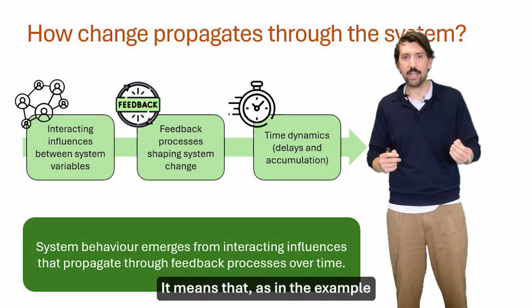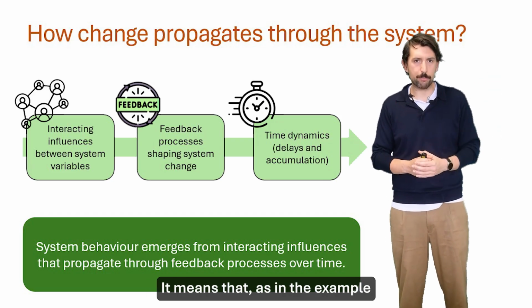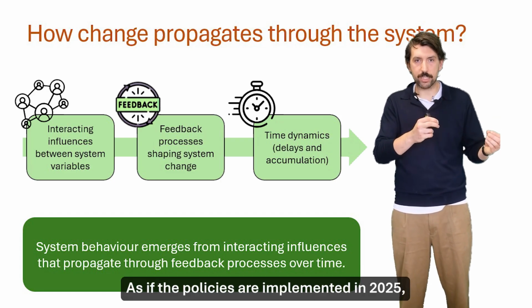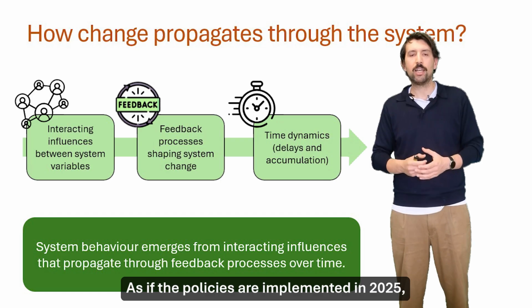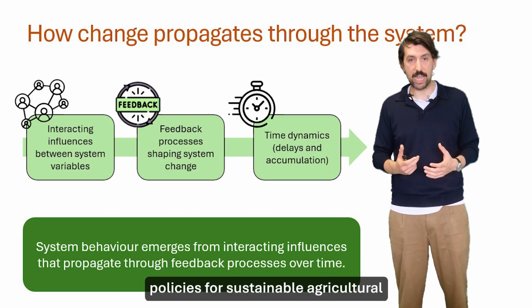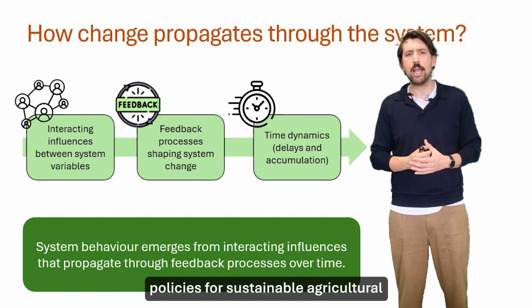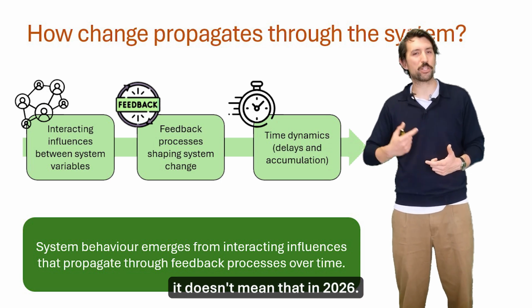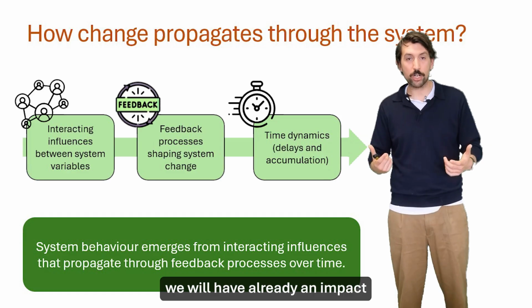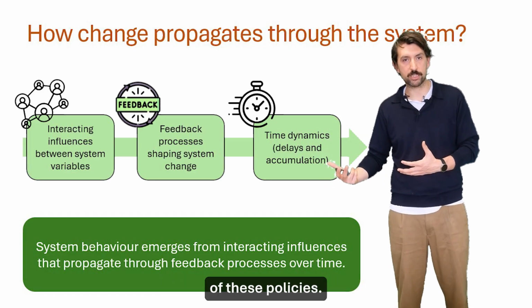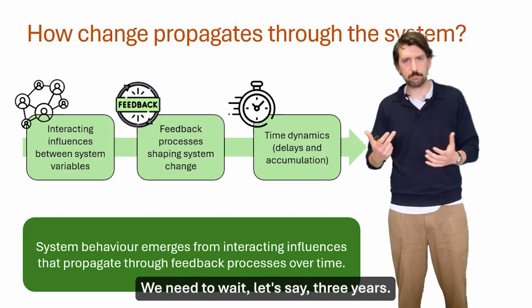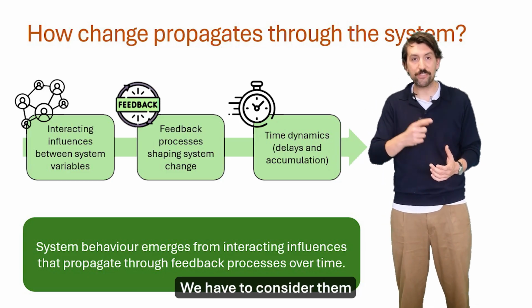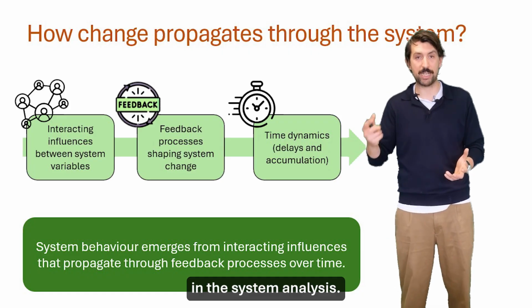It means that, as in the example I already gave, if policies for sustainable agricultural practice adoption are implemented in 2025, it doesn't mean that in 2026 we will already have an impact of these policies. We need to wait, let's say, 3 years. It means that we have delays on that. We have to consider them in the system analysis.